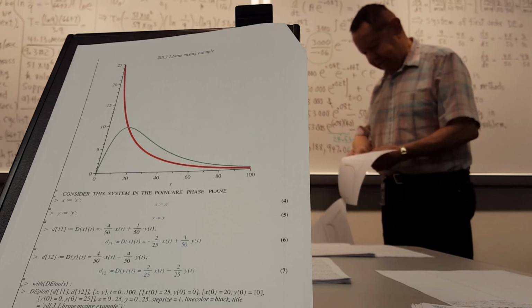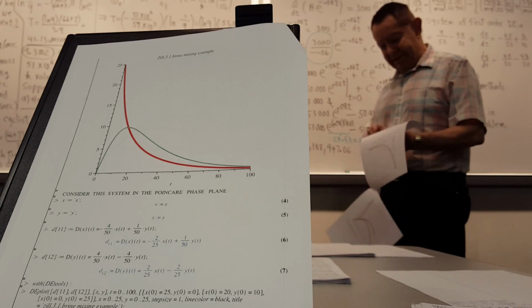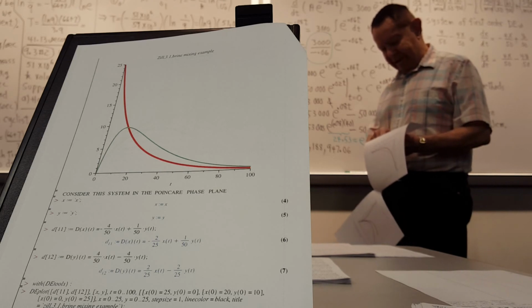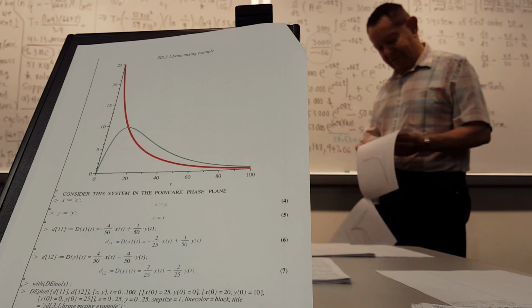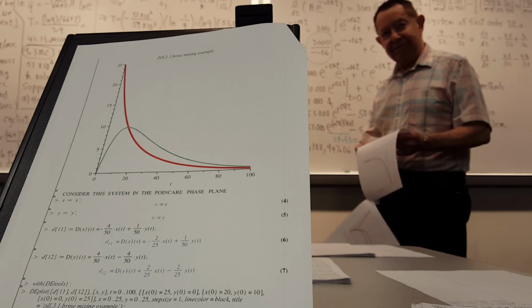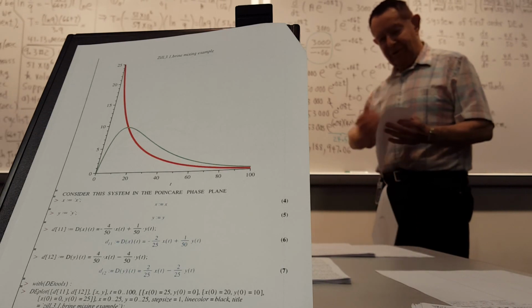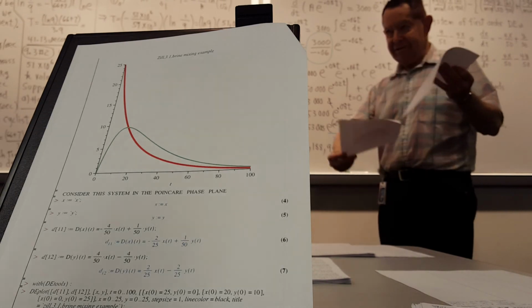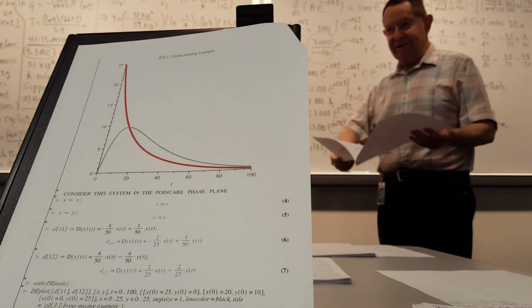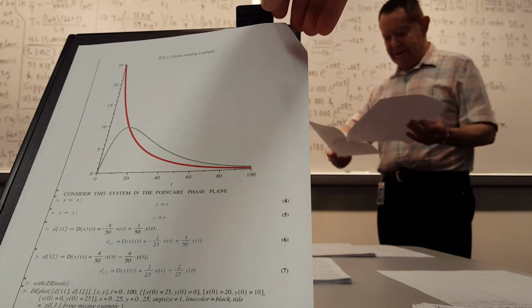But other choices somebody might have made would be 20 pounds and 10 pounds, or 0 pounds in tank A and 25 in tank B. So I'm showing what happens in the three different cases of assumptions you might have made.